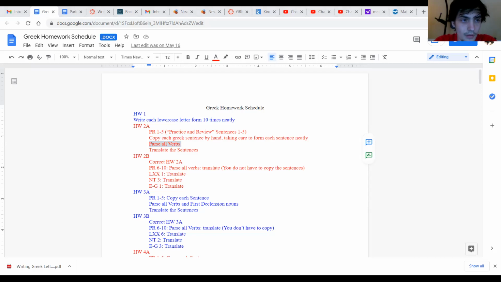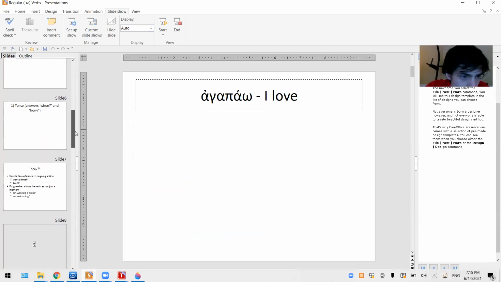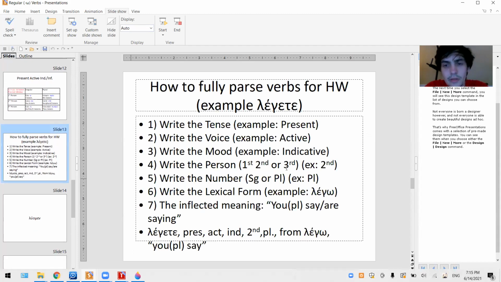If we remember, the parsing is described here, which I will be sending you. Every single step of the parsing is included if you want to get a full parsing, but only 1 through 5 are really necessary.